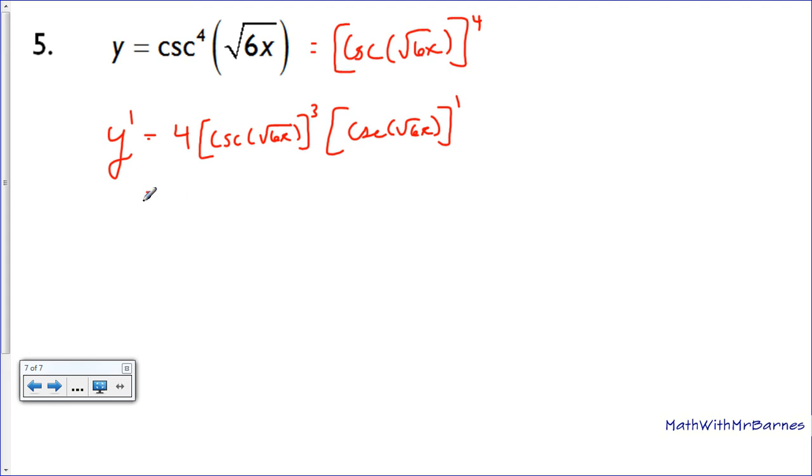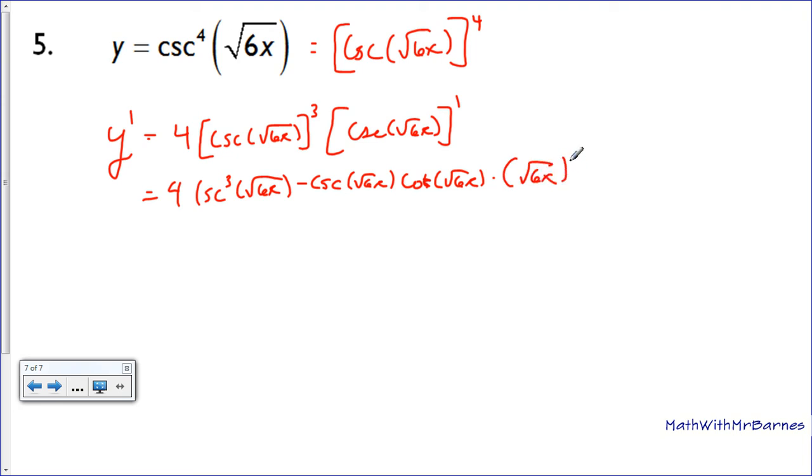Alright, so 4, and then I'll write my cosecant now with that 3 on the inside, just like I did in the last example. And the derivative of cosecant is negative cosecant cotan, so negative cosecant 6x cotan 6x times the derivative of square root 6x.